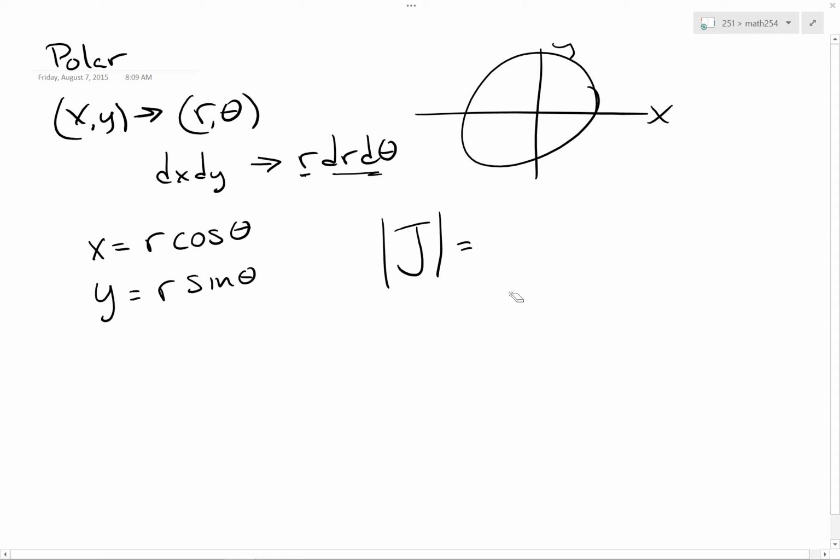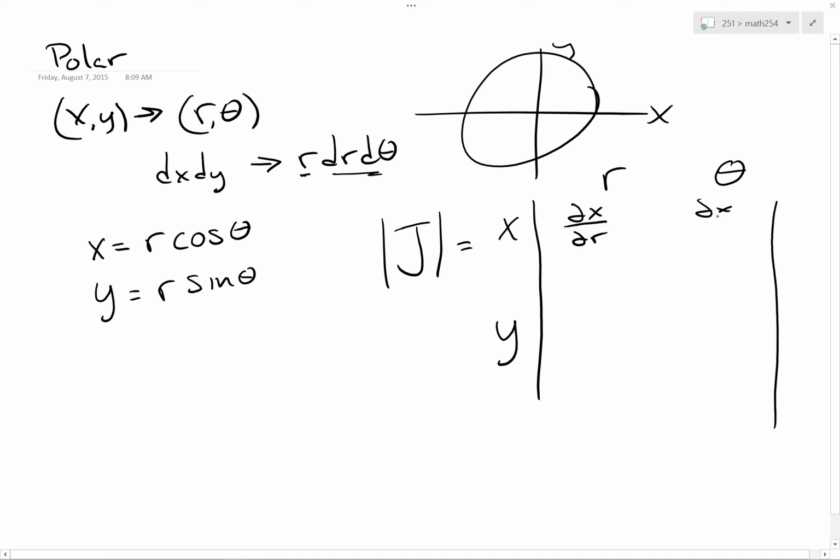I always like to set up my determinant the same way every time, and make a little note to self on the side. So this up here is going to be dx dr, and then dx d theta. We'll continue with the same procedure throughout this chapter.